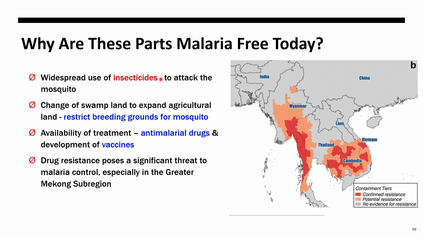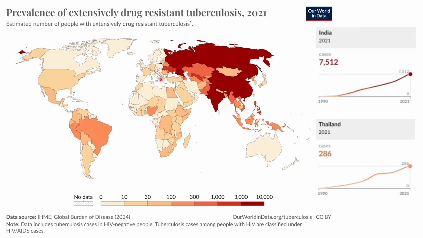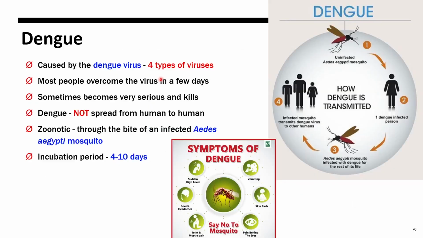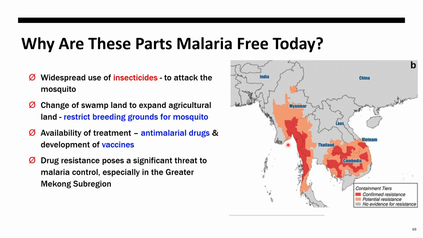But similar to tuberculosis, drug-resistant malaria is also occurring. This is mainly evident in the Greater Mekong sub-region. So it's mainly on the Myanmar and Thailand border and the Thailand and Cambodia border. There is a significant threat to malaria control.